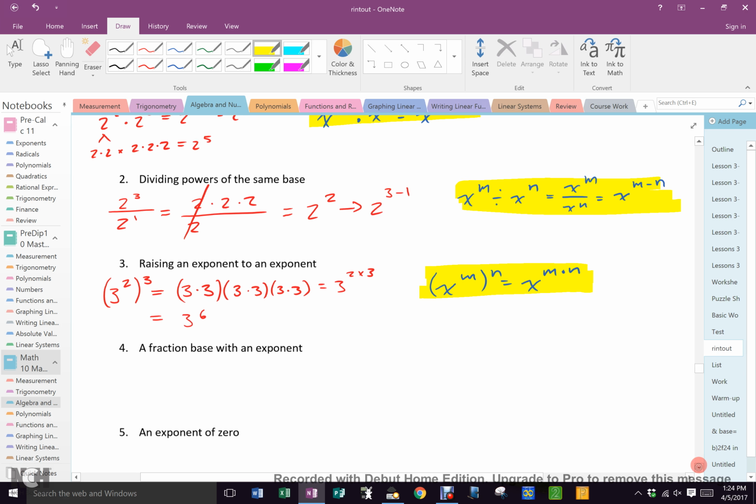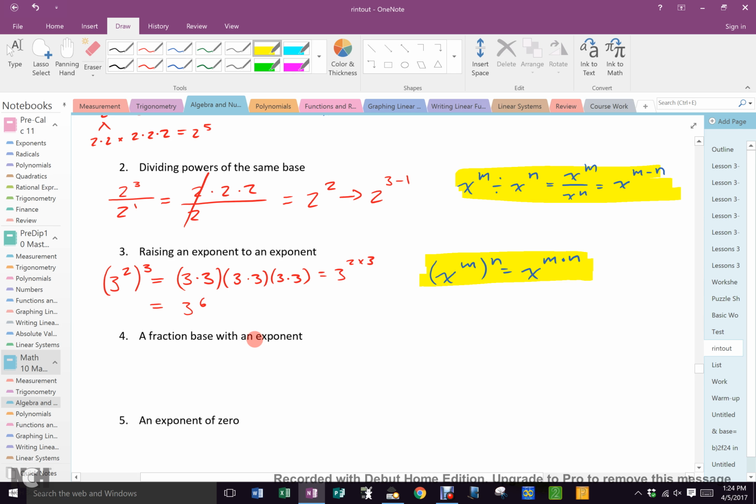All right. Now we're starting to get a little snaky. A fraction base with an exponent. You saw this in grade 9 as well. 3 over 2 squared. What does that equal? We're getting to the end of grade 9 here.